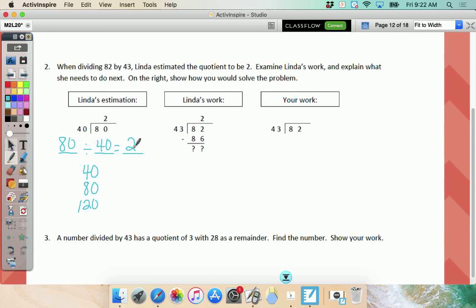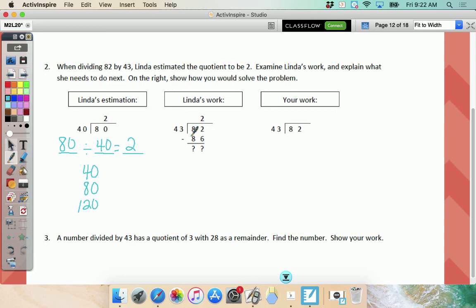Okay? So what's wrong with her problem? The 86 is larger than the 82. Say it louder. The 86 is larger than the 82. 86 is too large, isn't it? Yes. It's larger than 82, and if I subtract that, it's going to be a negative number.